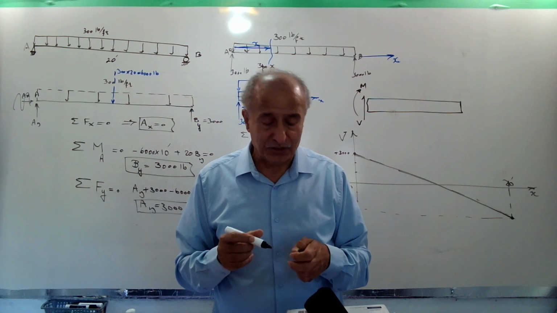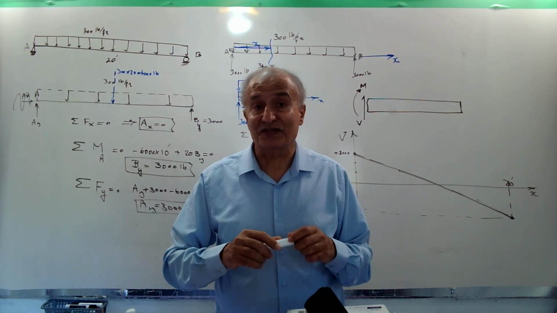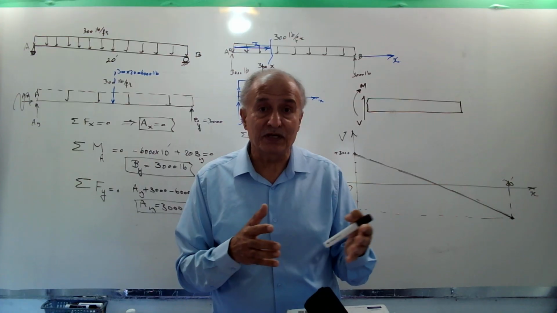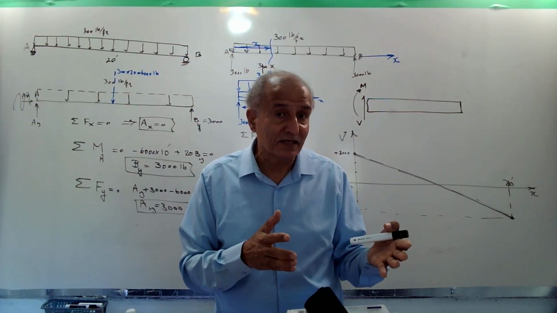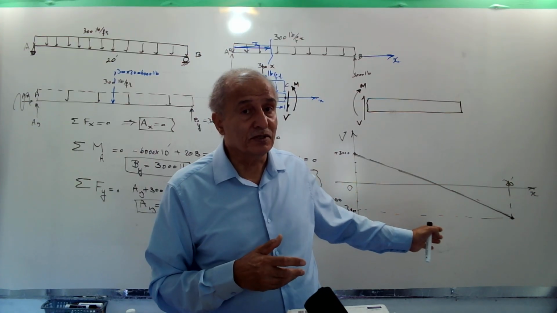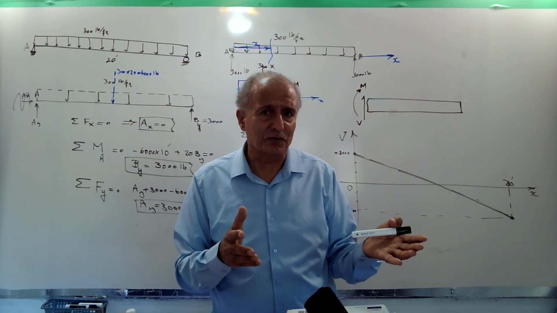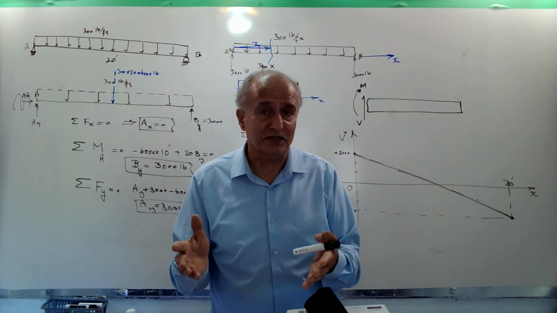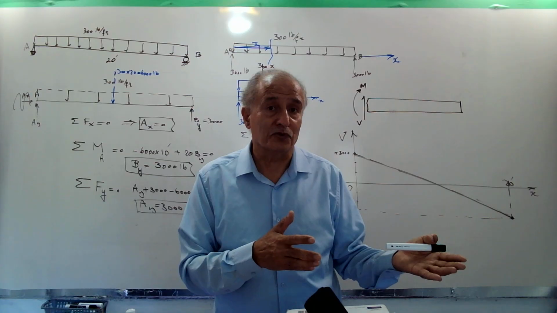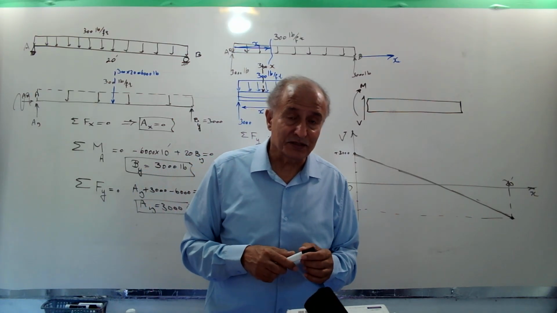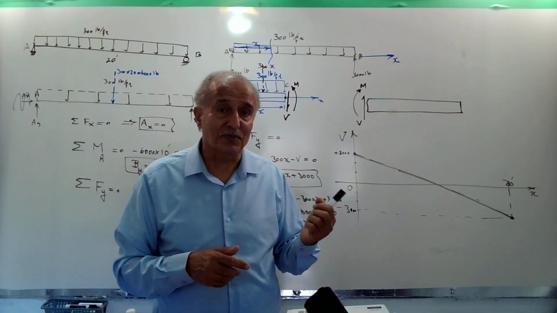And for us to calculate, for example, horizontal shear stress, VQ over IB, we are looking for V max, and V max here is 3000. The beam doesn't know anything about minus or plus. It doesn't matter for the beam, it's 3000 or minus 3000. It just puts in the formula 3000. This is how to draw a shear force diagram in the simplest case.